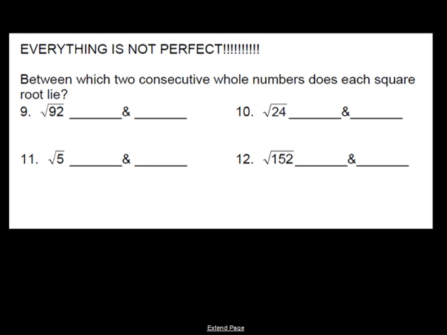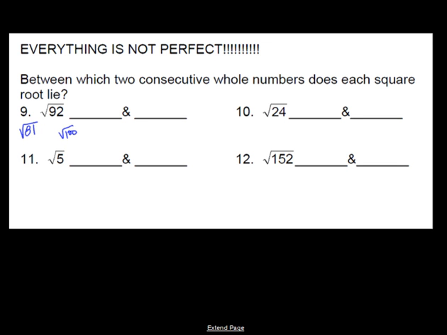Now, of course, everything in the world is not perfect. So between which 2 consecutive whole numbers does each square root lie? Well, I've got the square root of 92. With this one, I know the square root of 81, and that's less than 92. I know the square root of 100.